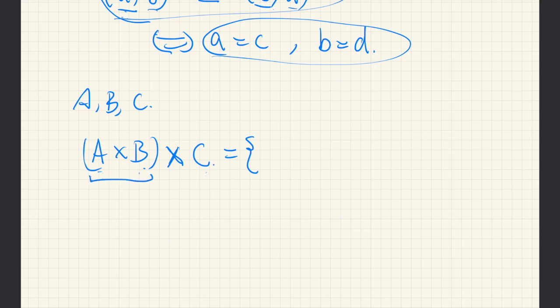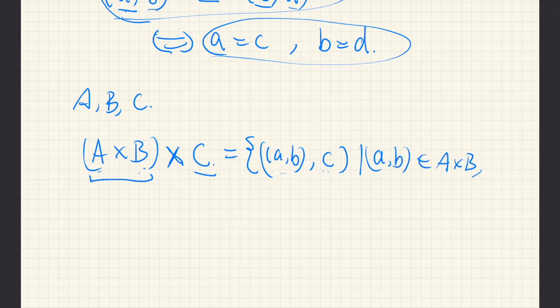So this set is a set of pairs, let's say AB, and this is a set of some elements, let's say C. Okay, so this is yet another ordered pair where (A, B) belongs to A times B, and C belongs to the set C.